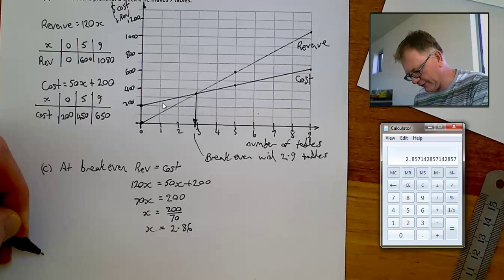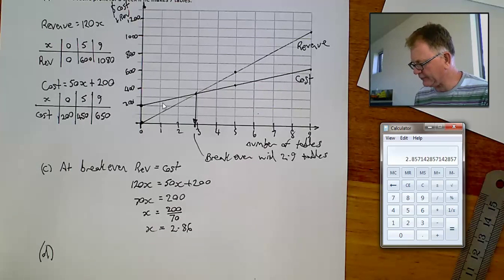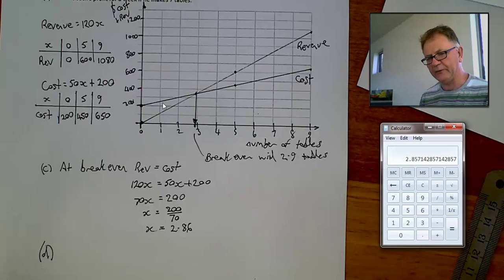Okay, part D of the question says, find Jack's profit for a week where he makes 7 tables. Now to work out his profit, I need to know how much it costs him to produce them, the cost of producing 7 tables, and I need to know the revenue, the amount that he gets from selling 7 tables.